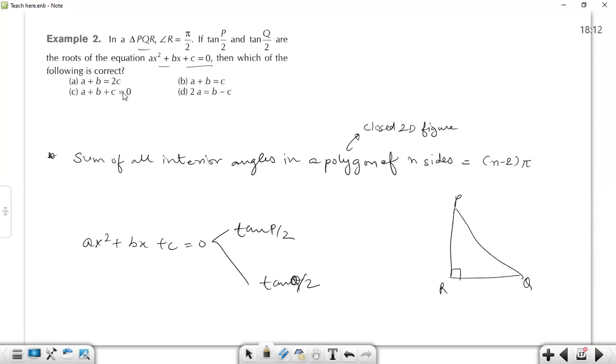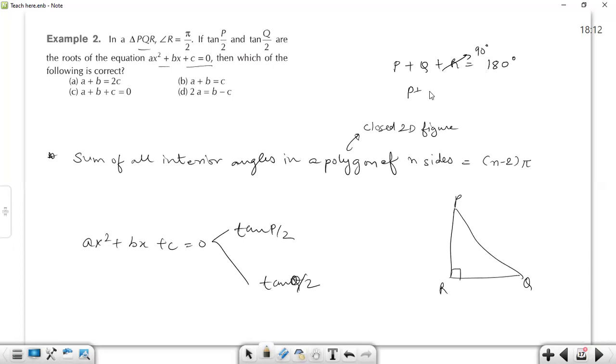Okay, so let's first see what is given in the question, because the solution is driven mostly out of the question only. It is given that R is a 90-degree angle. So we know P plus Q plus R is what? 180 degrees. And R is what? 90 degrees.